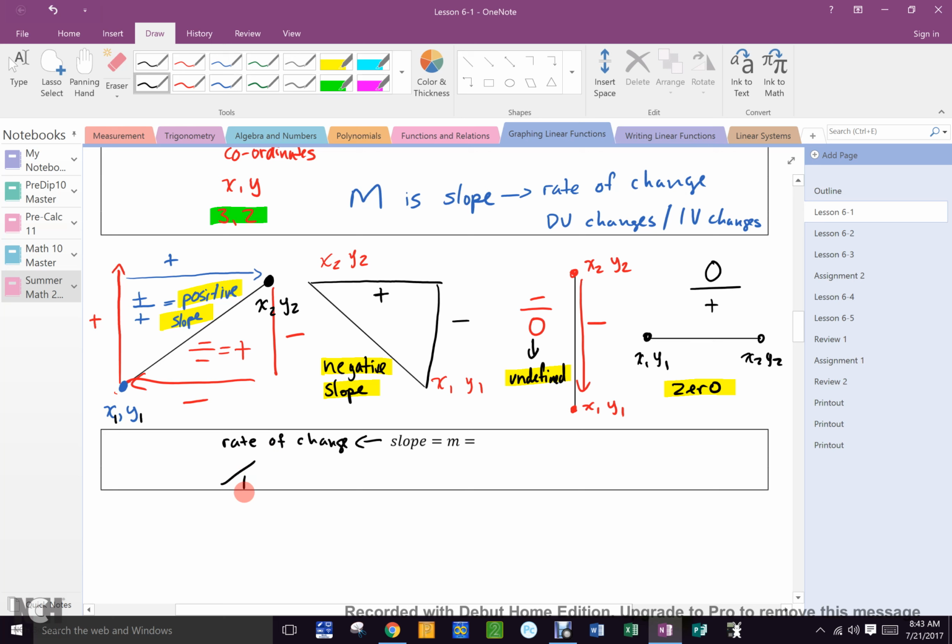But slope is also a lot of other things. We know that it is m, right? From our equation. It is also, please look here, it is y2 minus y1 over x2 minus x1. Because you can see that that is the difference between the y's, isn't it?